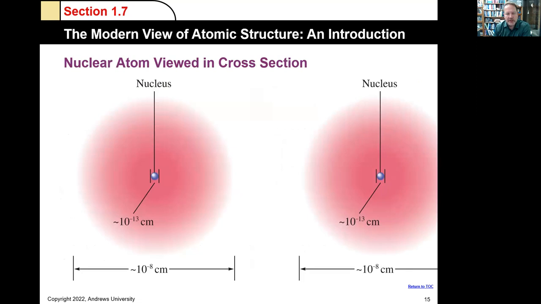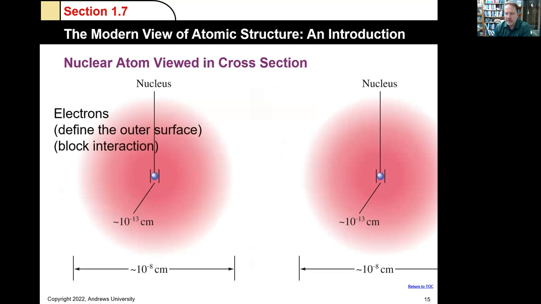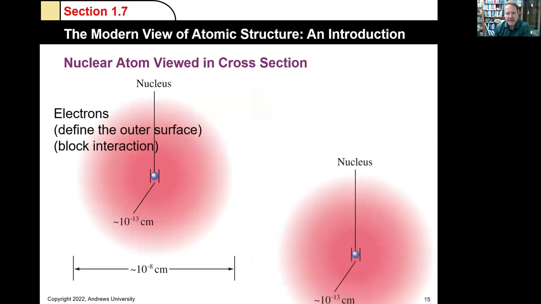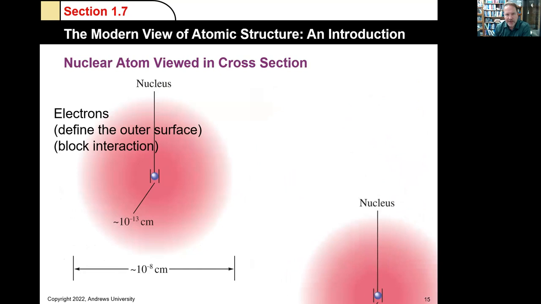So we now are starting to learn that when atoms interact with each other, they are interacting with each other through the electrons on the outside. And so it's their electrons that bounce off of each other. And so because electrons define the outer surface of elements, electrons then become the key to understanding how they react, because these are the particles on the outside that interact with the outside world and other atoms.